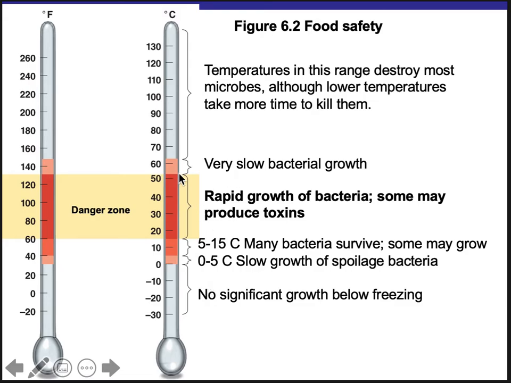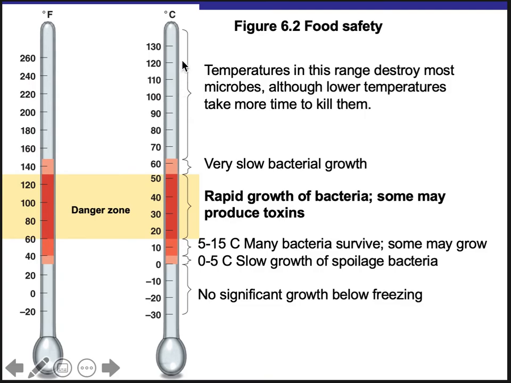And anything above the danger zone, there's about a 10 degree range where you're surpassing the optimal and passing the maximum, and you're starting to kill off some bacteria. So you get very slow bacterial growth. Some are even starting to die, and the hotter you get, the more you are killing.